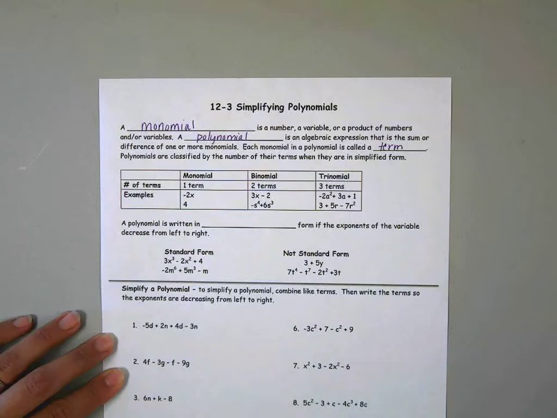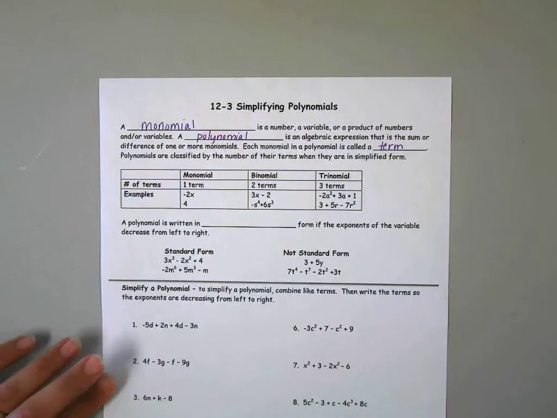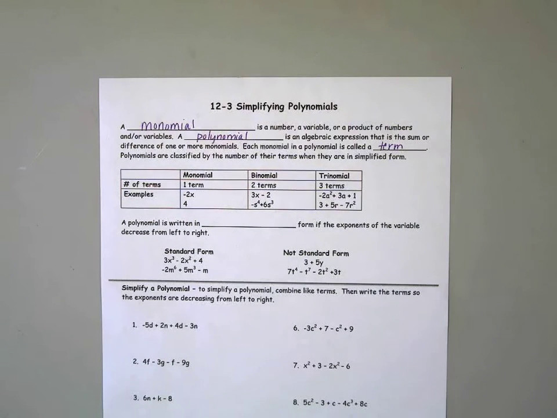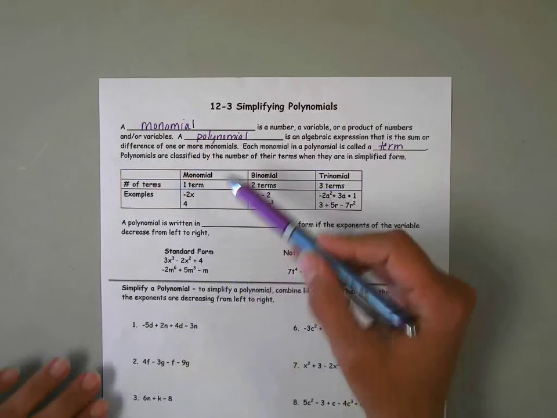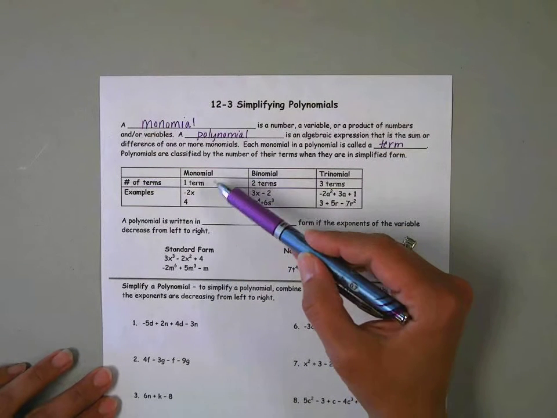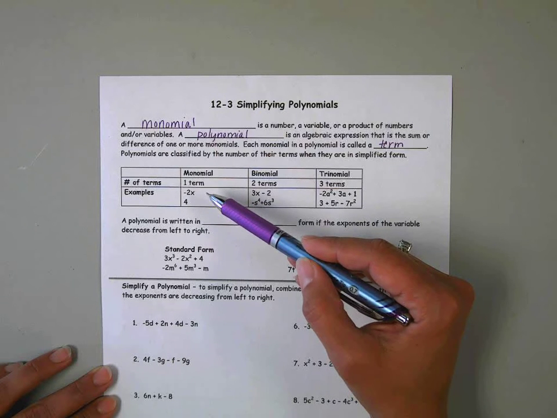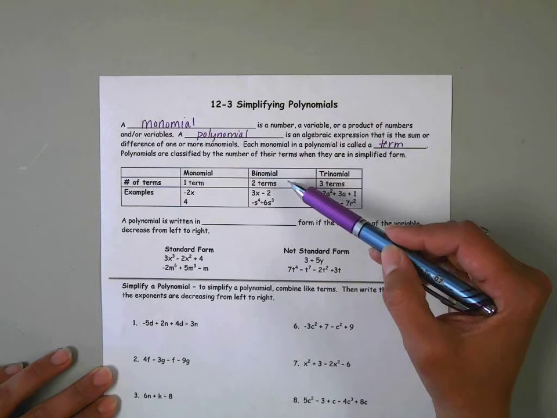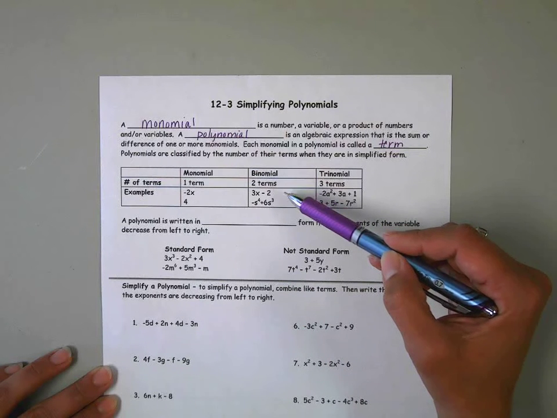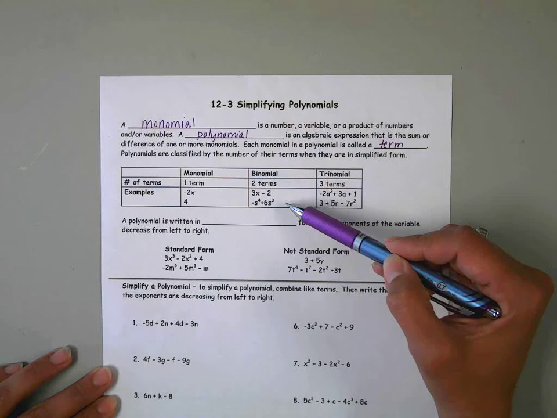Polynomials are classified by the number of their terms when they are in simplified form. So here is an example of a monomial. It has one term, and it could be something like negative 2x or 4. A binomial has two terms, and it could look like 3x minus 2 or negative s to the fourth power plus 6s cubed.